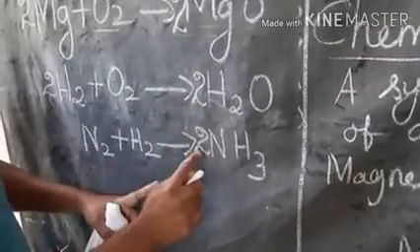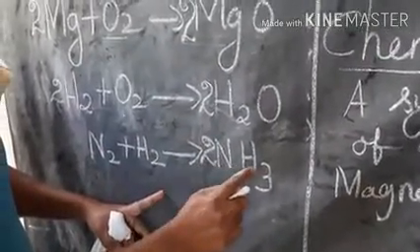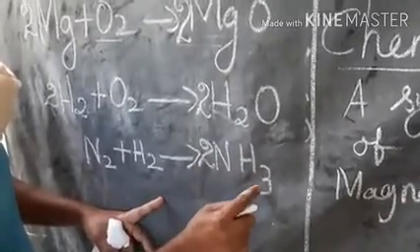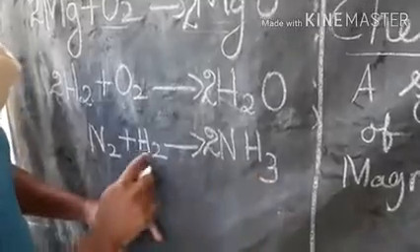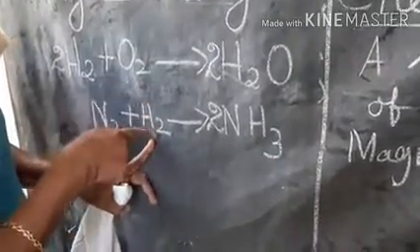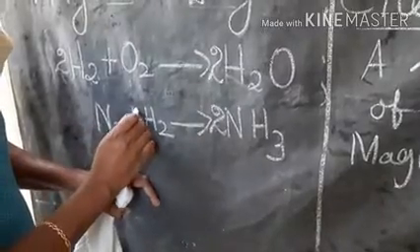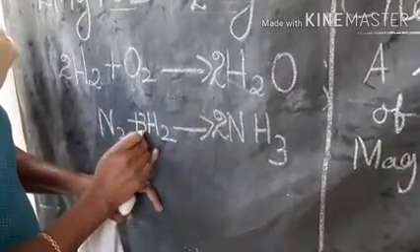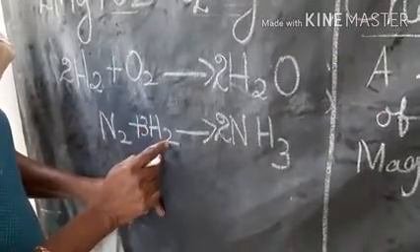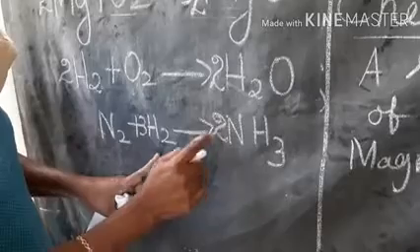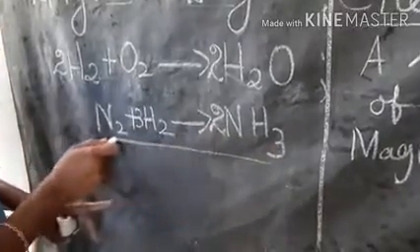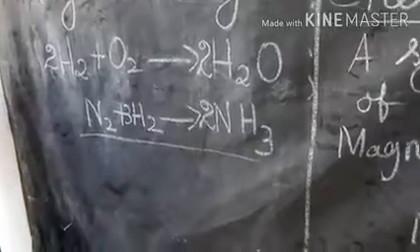Now nitrogen is balanced. What about hydrogen? 2 into 3, that means hydrogen this side 6. Actually this side it is only 2. So how will you make 2 as 6? If you multiply 2 with 3, now it will be 6. Yes, 3 into 2, 6. And here also 2 into 3, it is 6. Now it is a balanced equation.